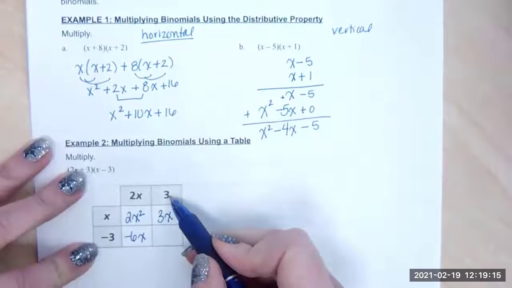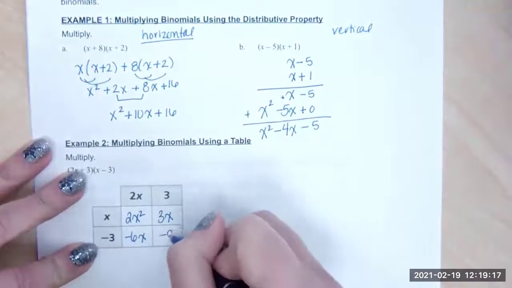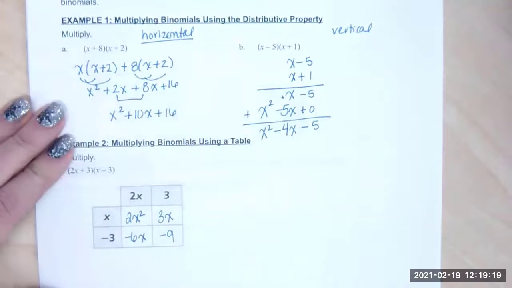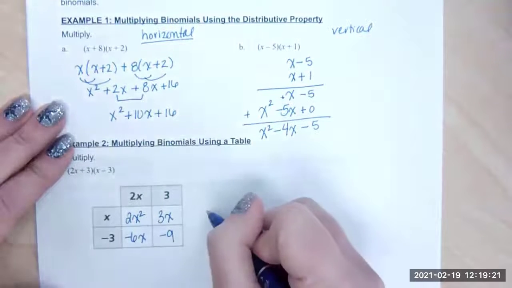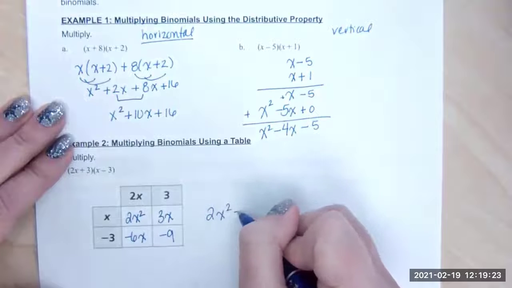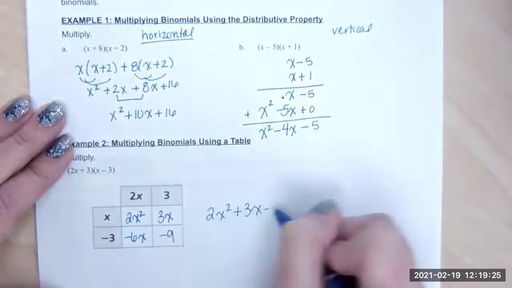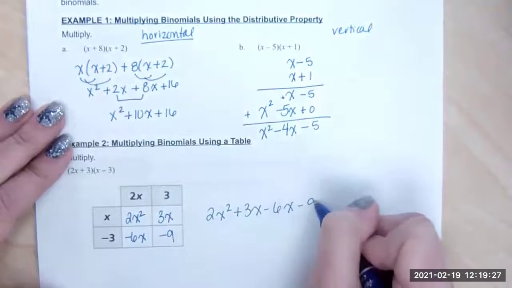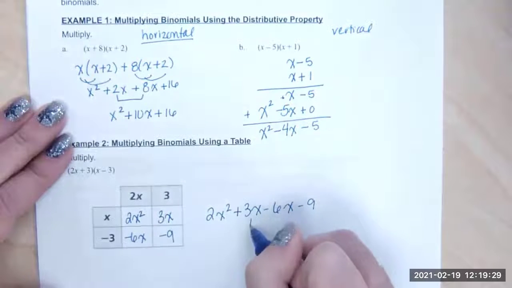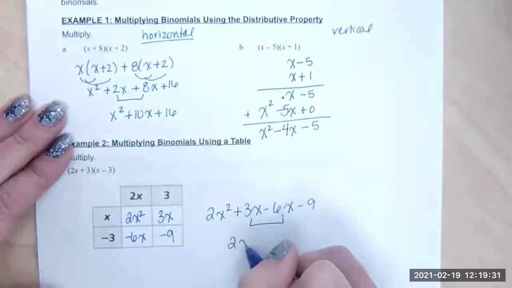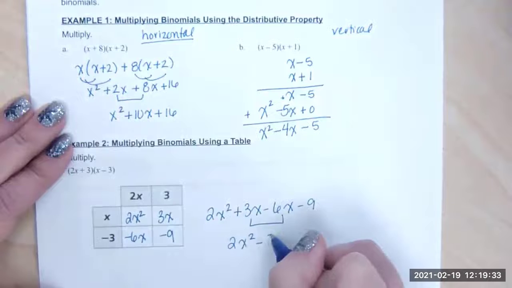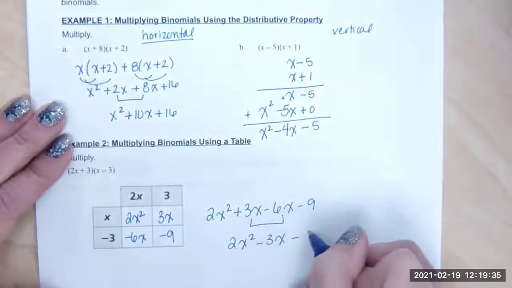And then 3 times negative 3 is negative 9. Now I'm going to want to combine my like terms. So I end up with 2x squared plus 3x minus 6x minus 9. So I just rewrote it. And then combining my like terms, we have 2x squared minus 3x minus 9.